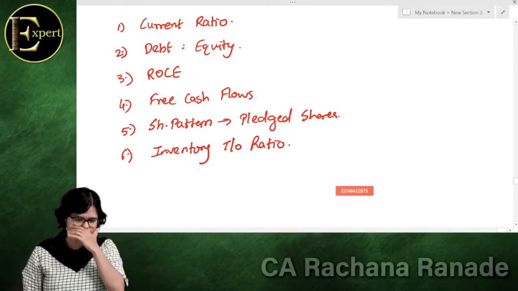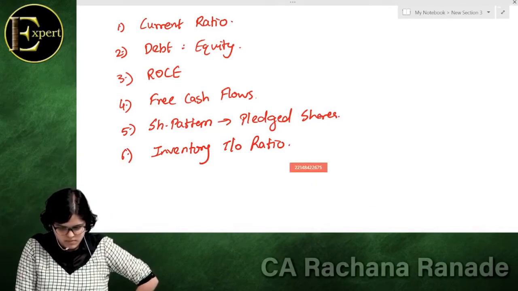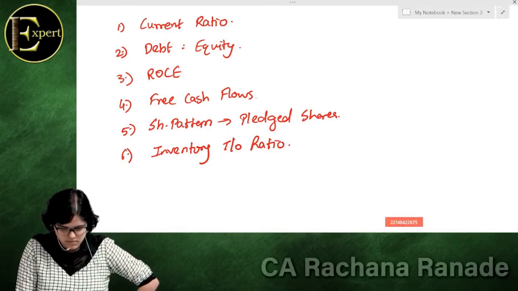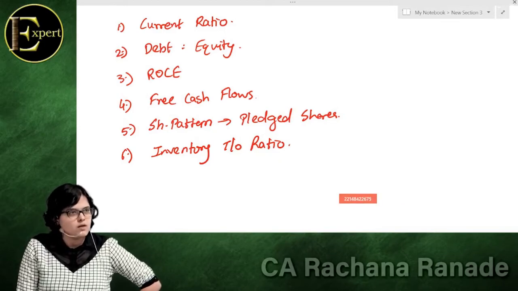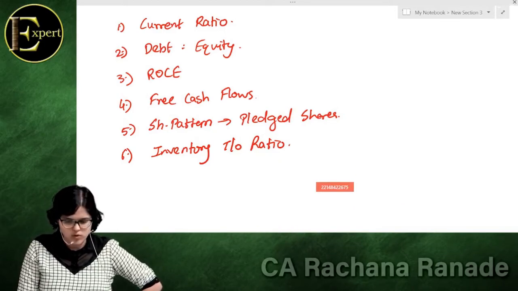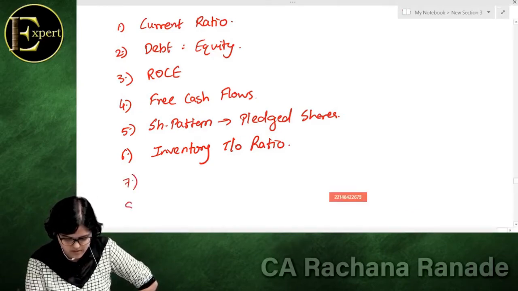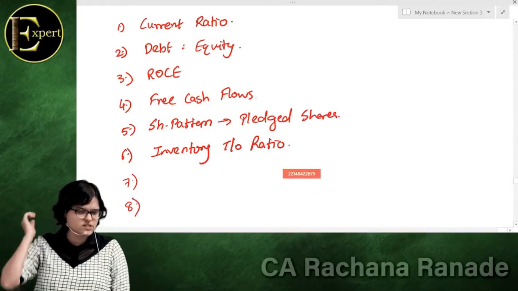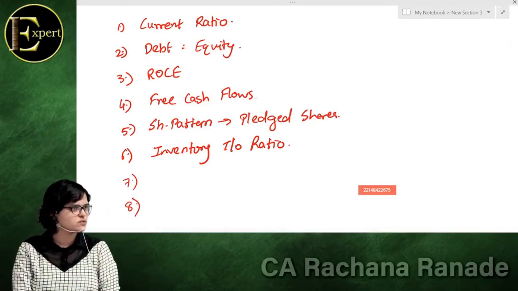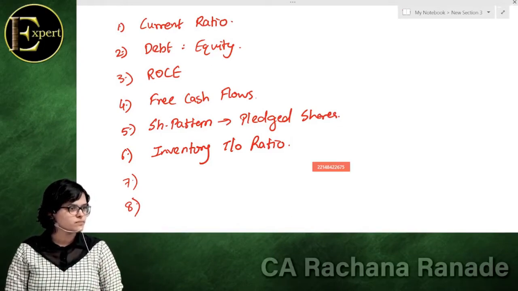Maybe I'm missing out on something. It's what I'm feeling. Theek hai, I do have it saved on my laptop. Inventory turnover ratio toh hum check karenge hi karenge, no doubt about that. Plus, there are two more parameters which I always put. So now we are going to have a look at all these. Shall we just quickly finish off inventory turnover ratio first, and then we'll go to our 8-pointer parameters.